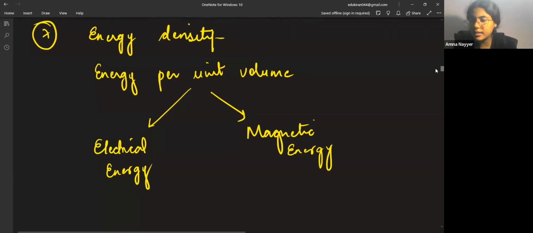Now, energy density is something which you have to remember. Remember, we have done this word density so many times. We did current density also, and electrical energy density, remember? So electrical energy density means this part, this we have done, we have derived it also.